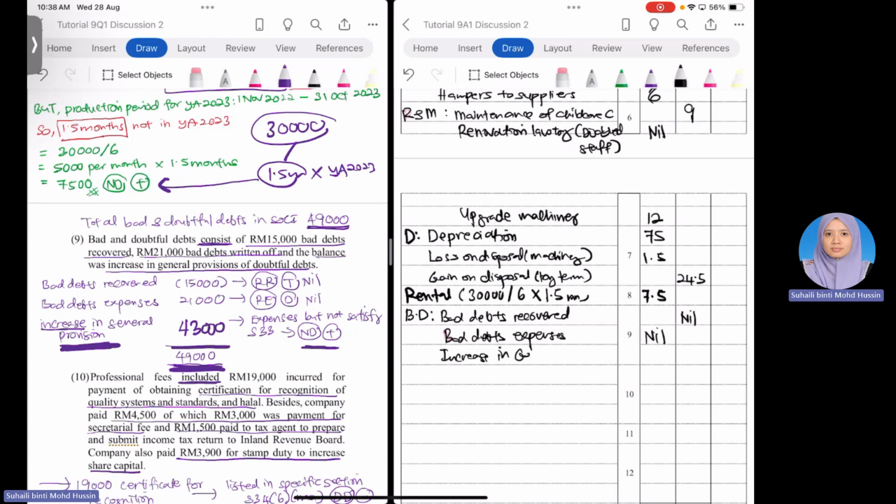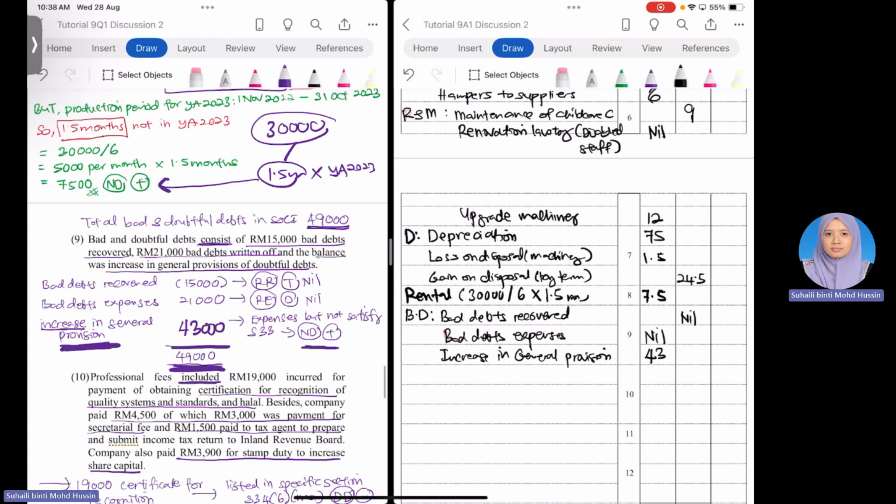Not allowed for deduction, so add back the amount. Same if you have a decrease in general provision, it's the opposite. It's not subject to tax, because the increase is revenue expenditure, so a decrease should be the opposite, not subject to tax.